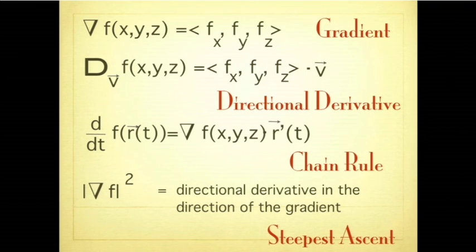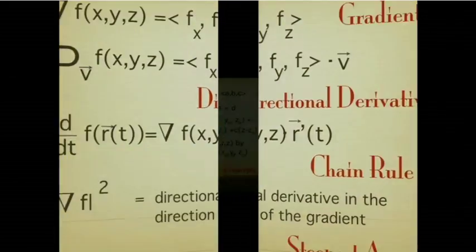So the length of the gradient is the steepness in the direction of the gradient. And it's also called steepest descent. These are the 4 important things.